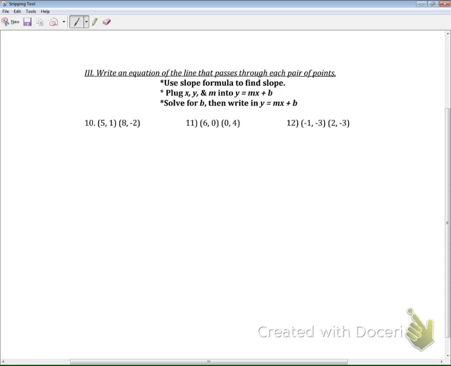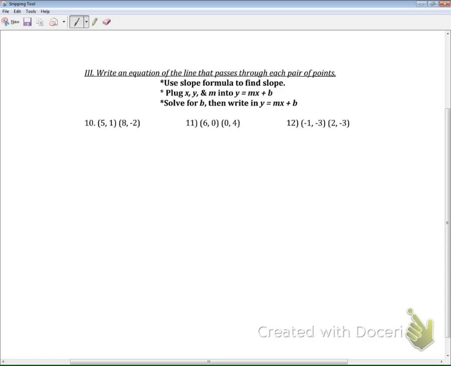So in part 3, you are looking at writing an equation of a line passing through a pair of points. So you have 2 points. Look on your reference sheet and you'll see the slope formula.